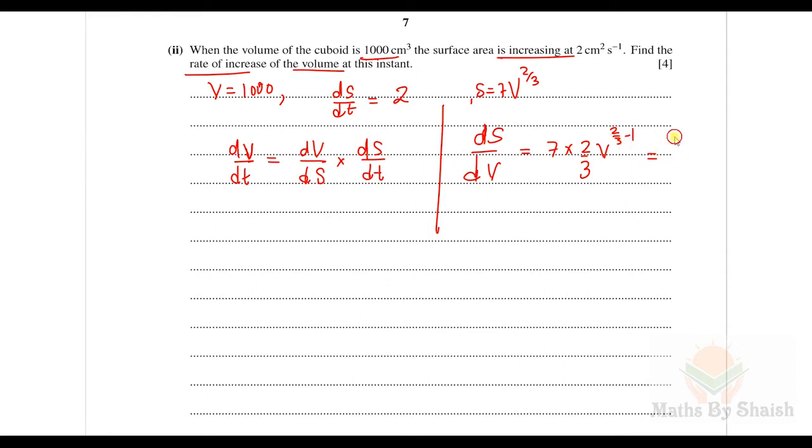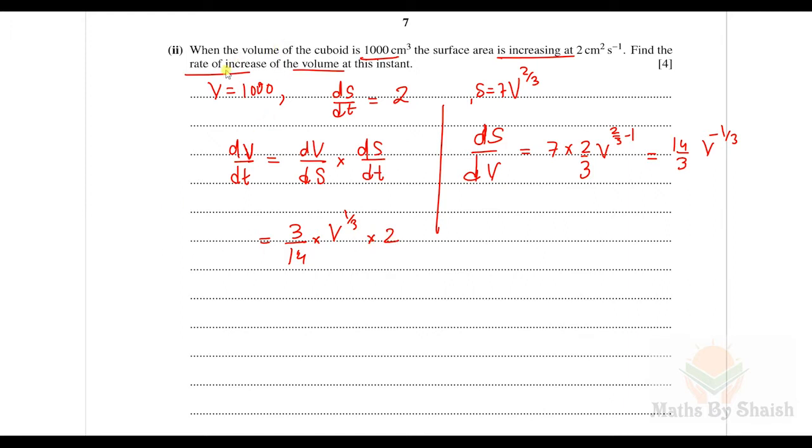So it becomes 14 over 3 V to the power minus 1 by 3. That is dS over dV. So if we substitute, dV over dS is going to be 3 over 14, and V to the power minus 1 by 3 we can take as 1 upon V to the power 1 by 3, so that would be in the denominator, and it is multiplied by 2.